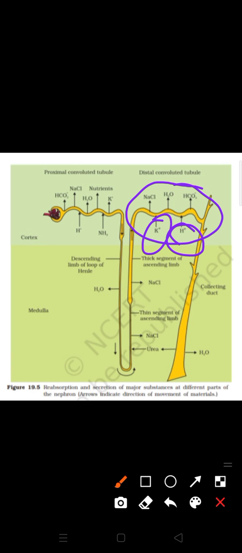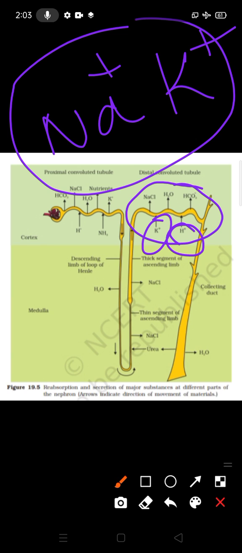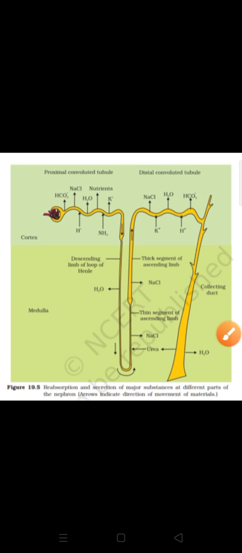NH3 is also there for the maintenance of pH and sodium potassium balance in blood. The sodium potassium pump is very important in case of our blood. So all the things are maintained here: the electrolyte balance, water balance, and pH balance. Now we are able to understand how these tubules are helpful.